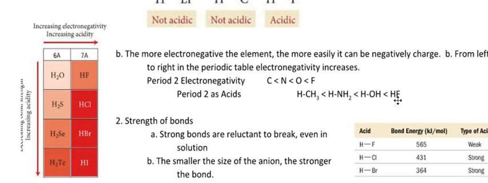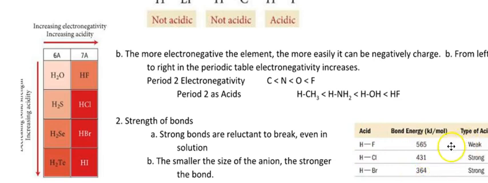The strong bonds are reluctant to break even in solution. So the smaller the size of the anion, the stronger the bond. Why? Because you have a greater attraction between electrons and the protons in the other nucleus, so that's going to increase your strength. If you look at HF, HCl, HBr, notice that we're going down the group, and the bond energy goes down as well.